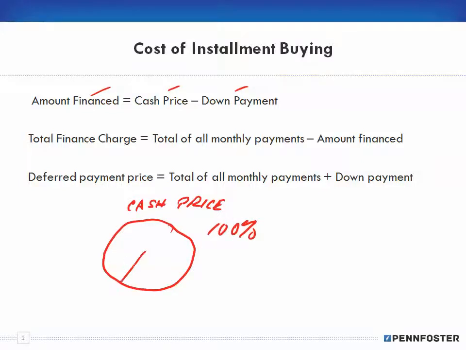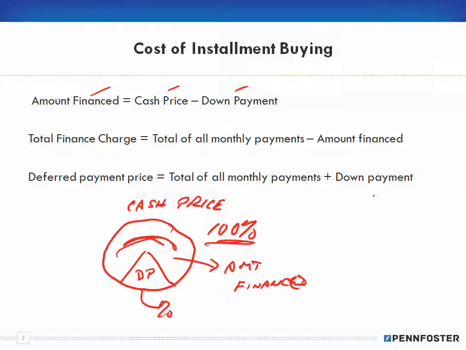Now, if we have a down payment, that's a portion of this 100%. That's a certain percentage of that 100%. So if I have a down payment, whatever amount that is, then this remaining section is the amount that's financed.